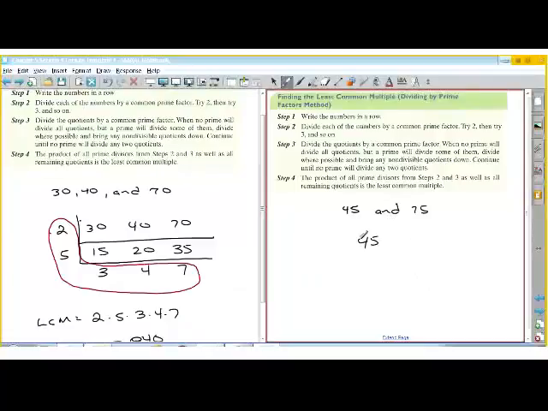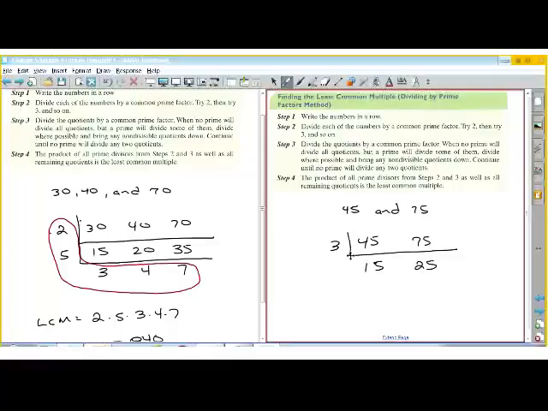let's do these 2 numbers instead of 3 numbers. So again, can I divide by 2? No. Can I divide by 3? Yes. So 45 divided by 3 is 15, and 75 divided by 3 is 25.